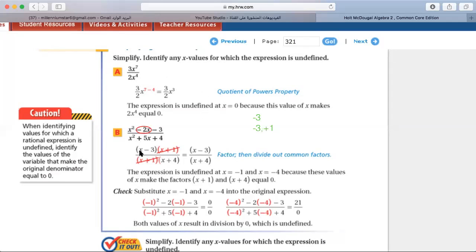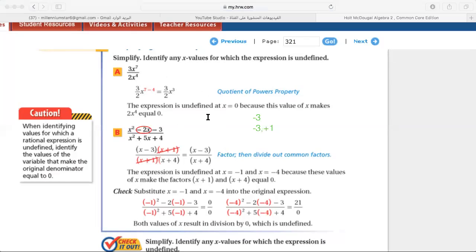The same steps are for 4 here. Which two factors, when I multiply them, give me 4, and when I add them, give me the middle term, which is 5? They are 4 and 1. So I'm going to factor x plus 1 and x plus 4.